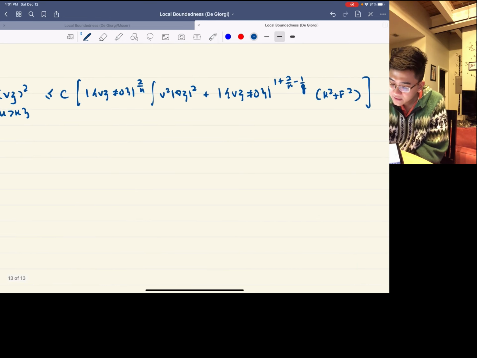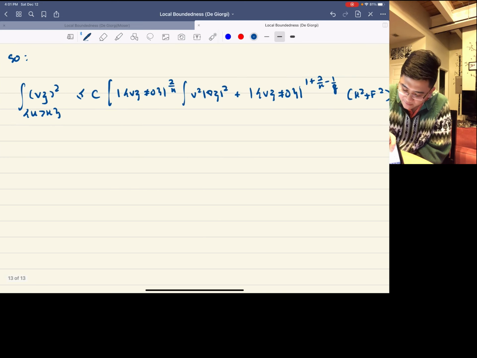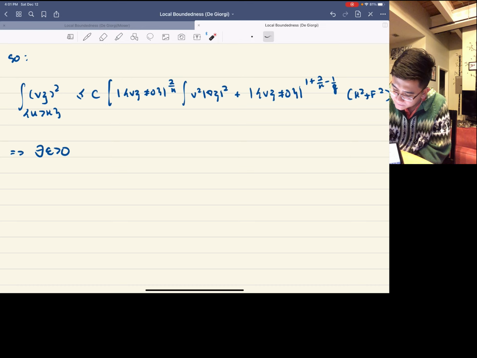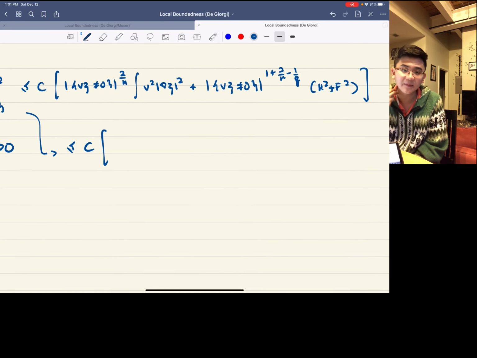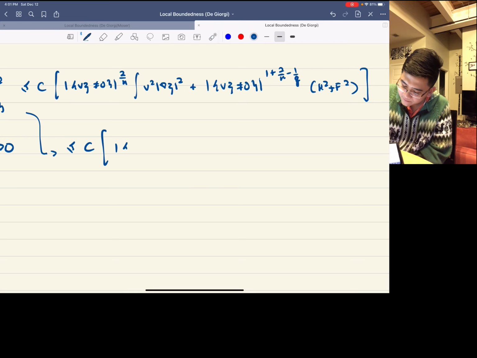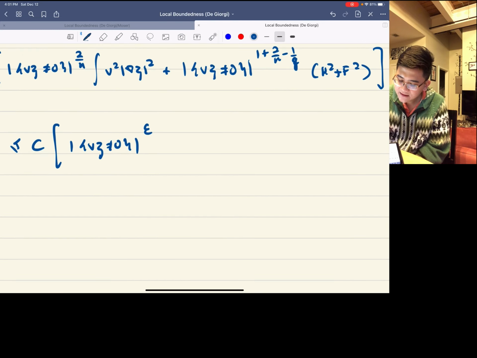Okay, so with this, note that there exists some positive epsilon, so that this is going to be less than or equal to c. Instead of dealing with 2 over n minus 1 over q, you have epsilon, and I leave that as an exercise.